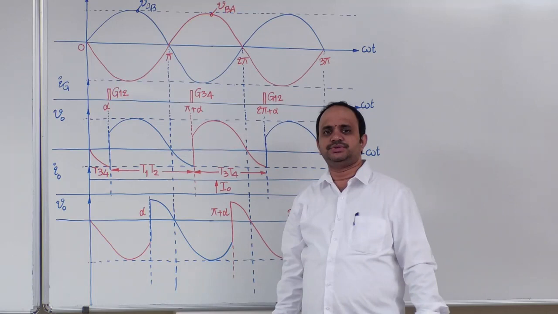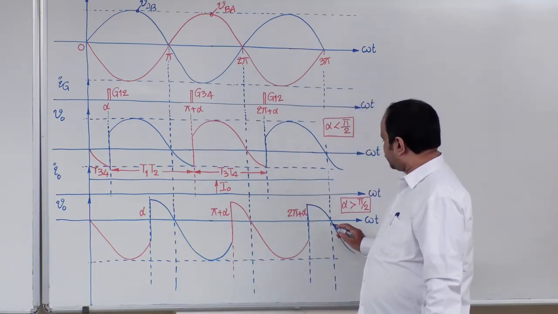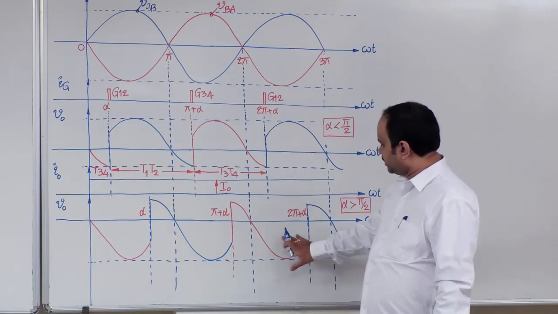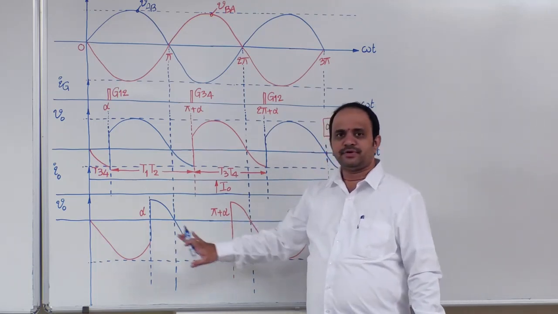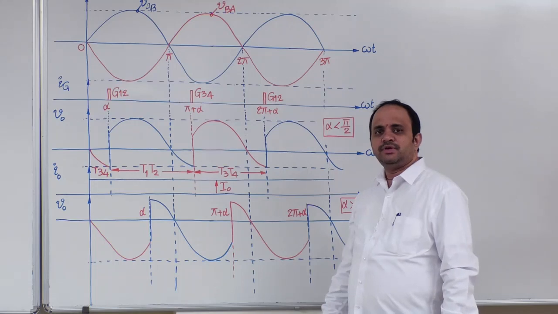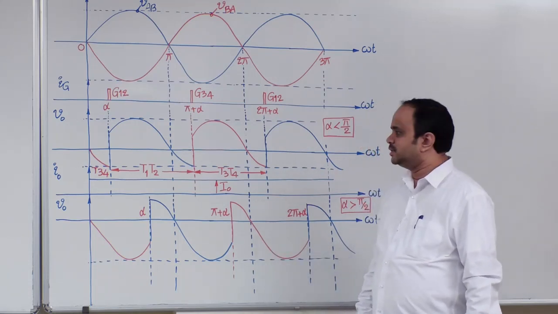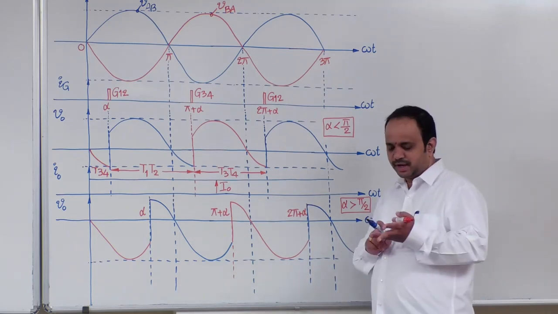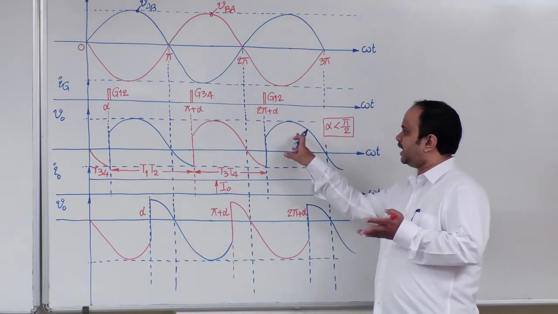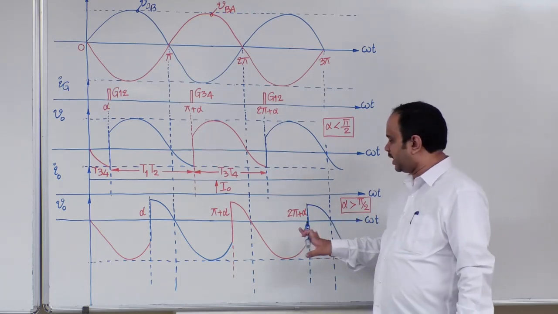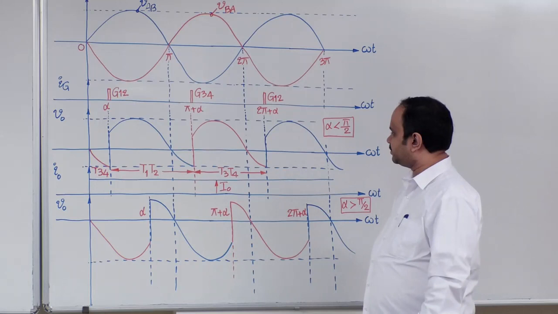Now in the second case, when alpha is greater than pi by 2, the majority of the V0 waveform is negative. What do you mean by that? Average output voltage is negative. So, very important conclusions: when alpha is less than pi by 2, average output voltage is positive. When alpha is greater than pi by 2, average output voltage is negative.